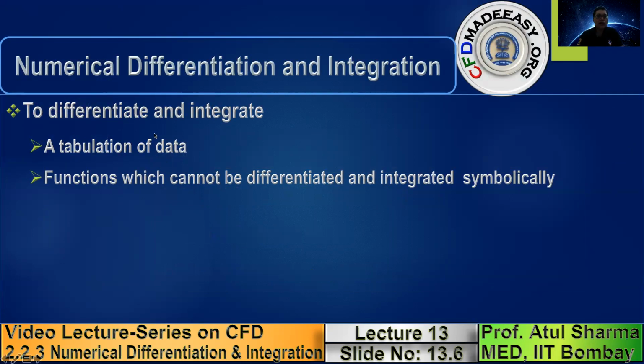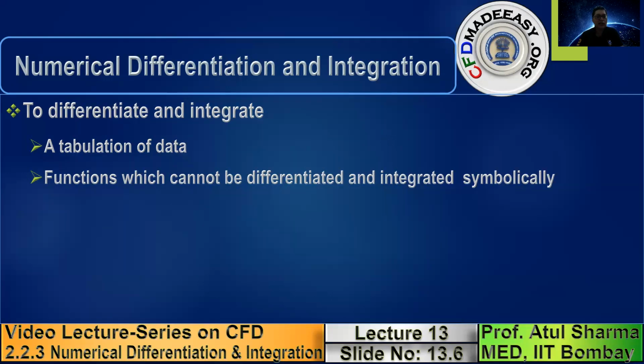Note that numerical differentiation and integration are needed under two conditions. When you have a tabulation of data and you don't have any functional variation, but you want to get a derivative or an integral value, then from the discrete data or tabular information you need numerical differentiation, since you don't have a function for differentiation or integration.